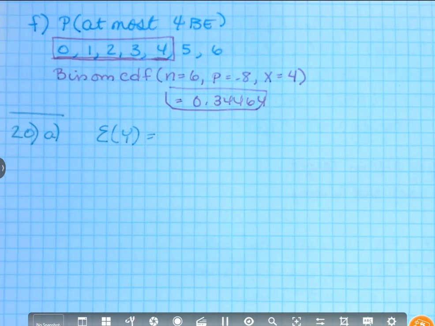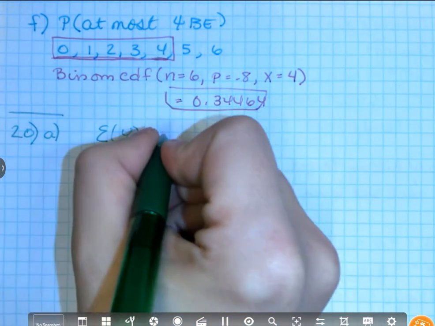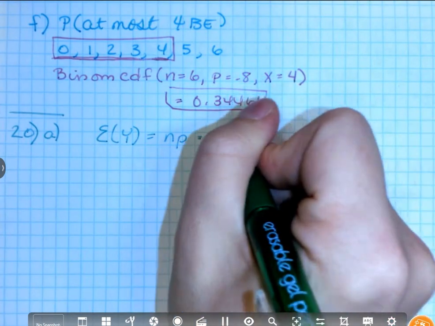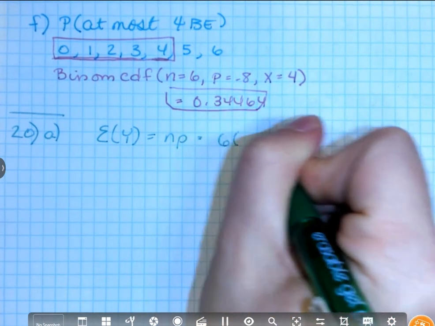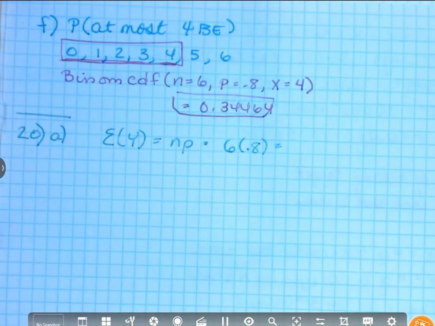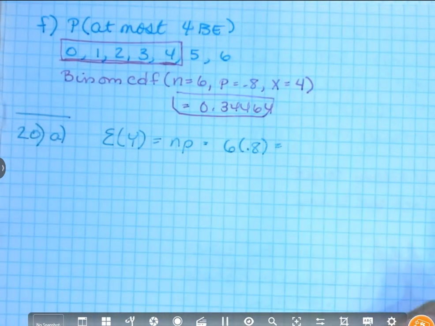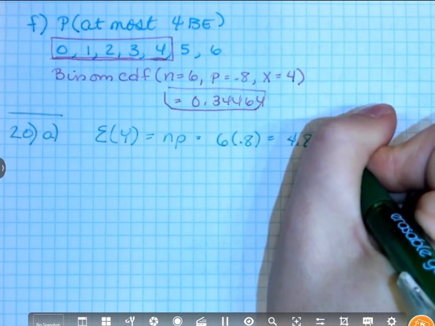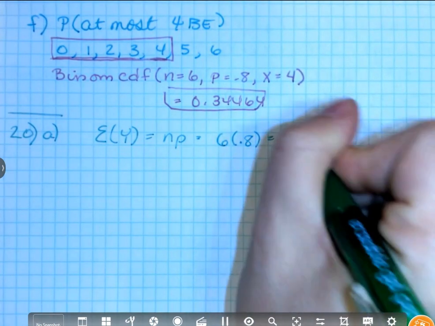Not 1 over p, that was for geometric. This was just the expected value. np. So number of shots, how many shots am I taking? What's the probability of a success? That's all you do. And 6 times 0.8 is, so we would expect 4.8 bullseyes.